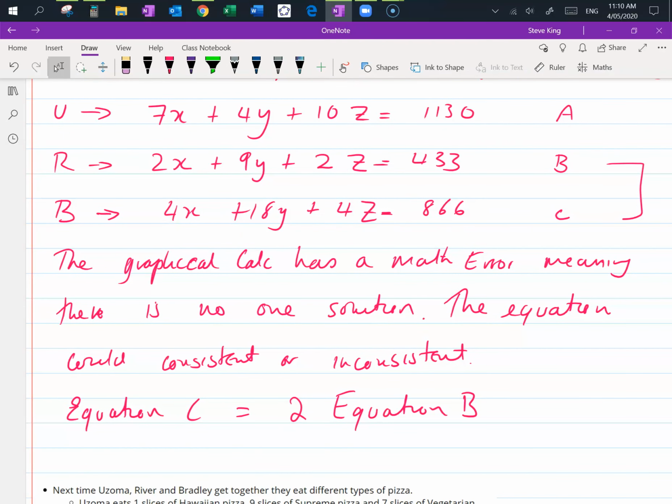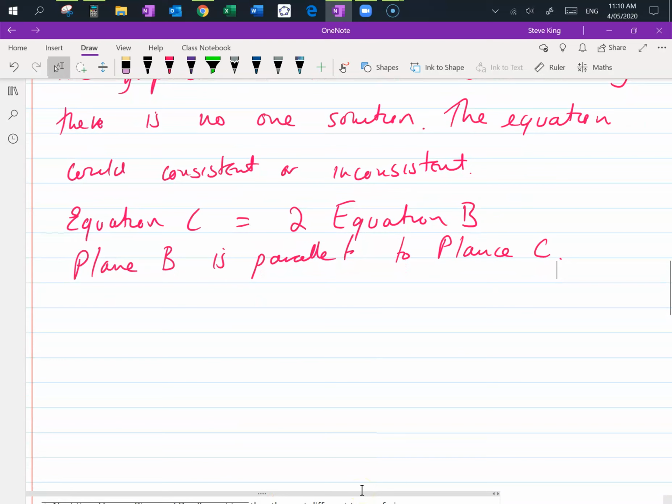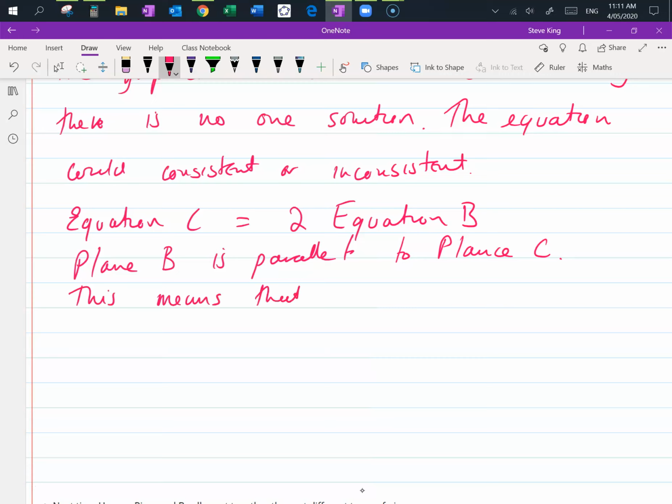Because equation C is a multiple of equation B, it means that plane B is parallel to plane C. This means that there is no solution to these 3 sets of equations.